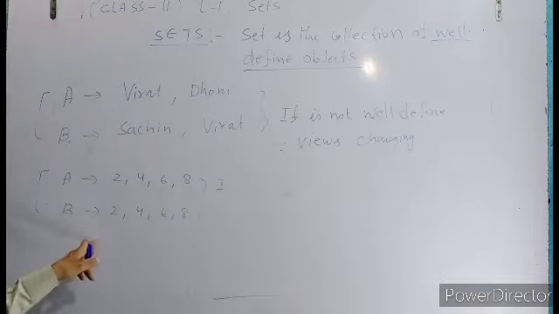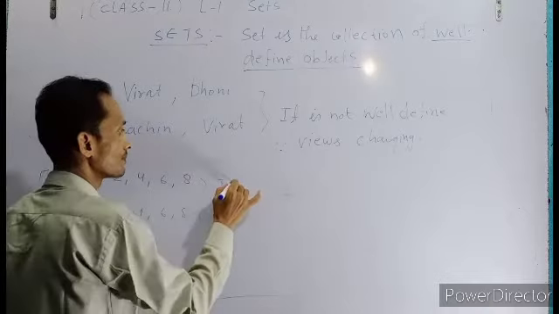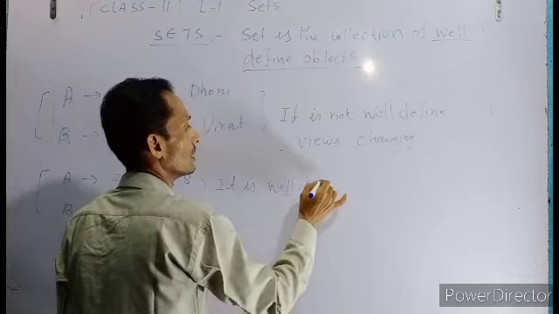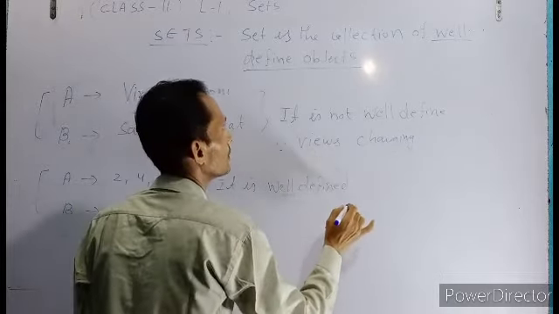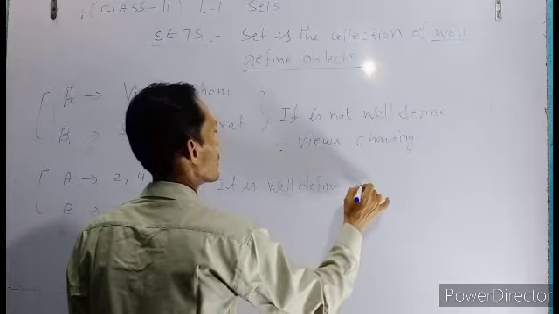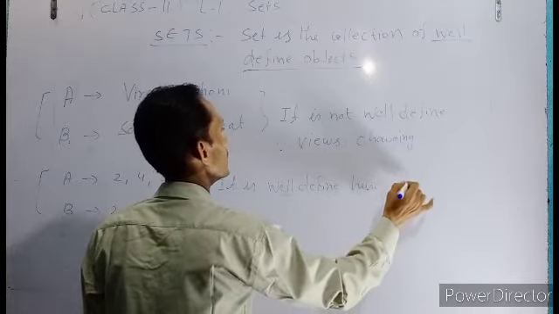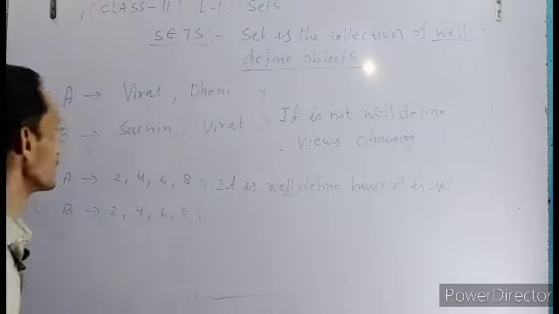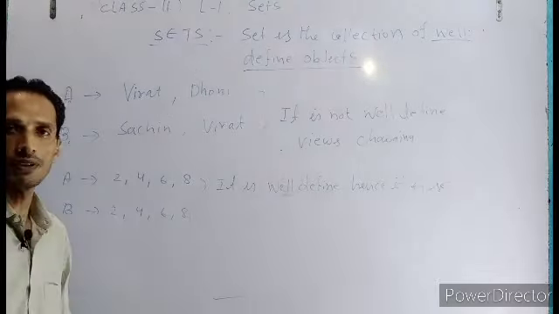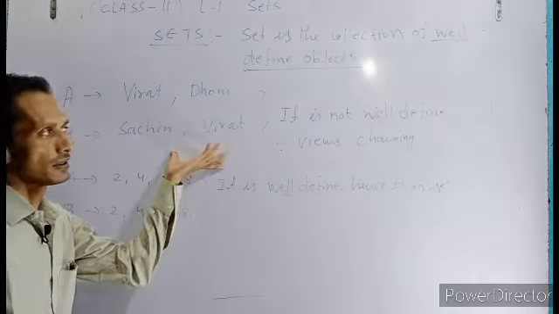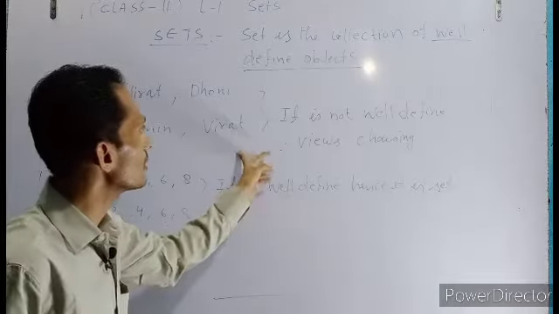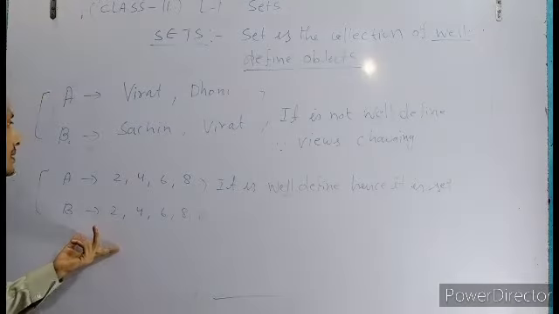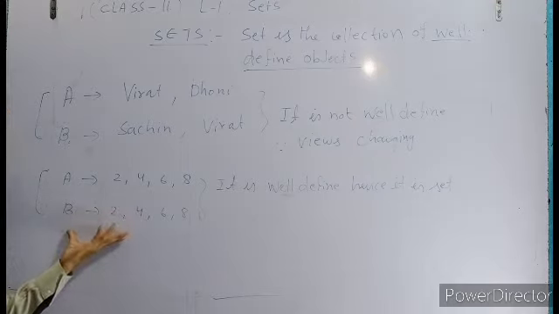Because views are not changing, hence it is well-defined. Hence it is a set. So whenever we observe that it is well-defined, then it will be a set. If it is not well-defined, that will not be a set.